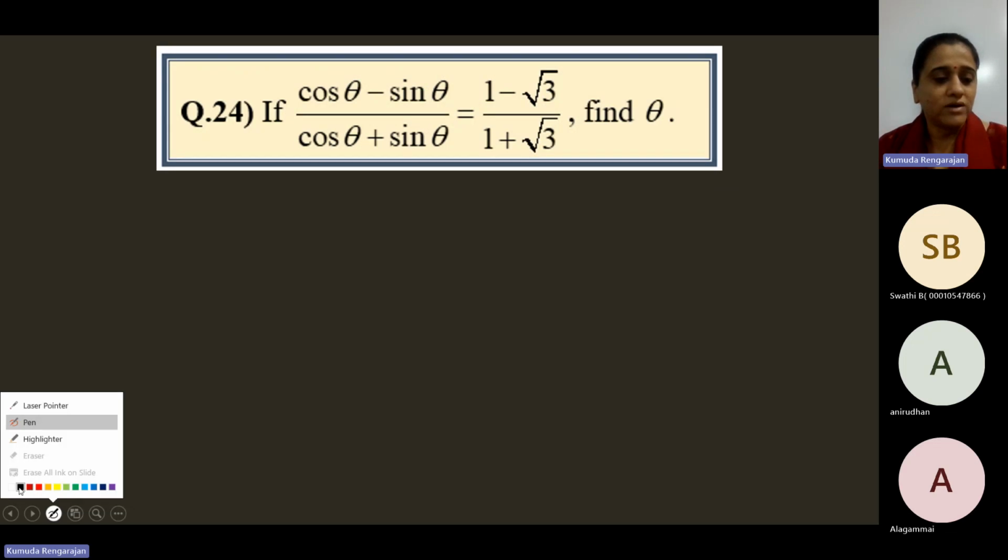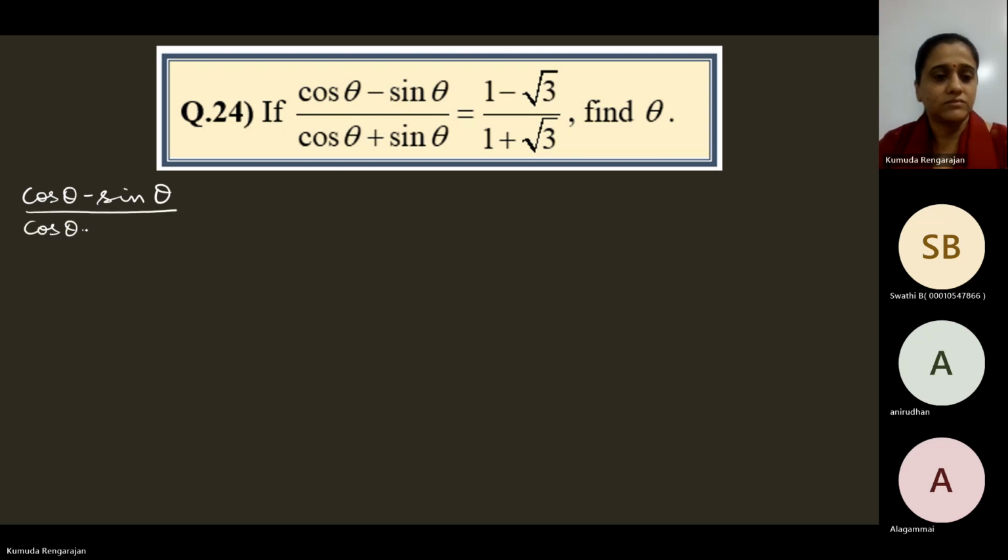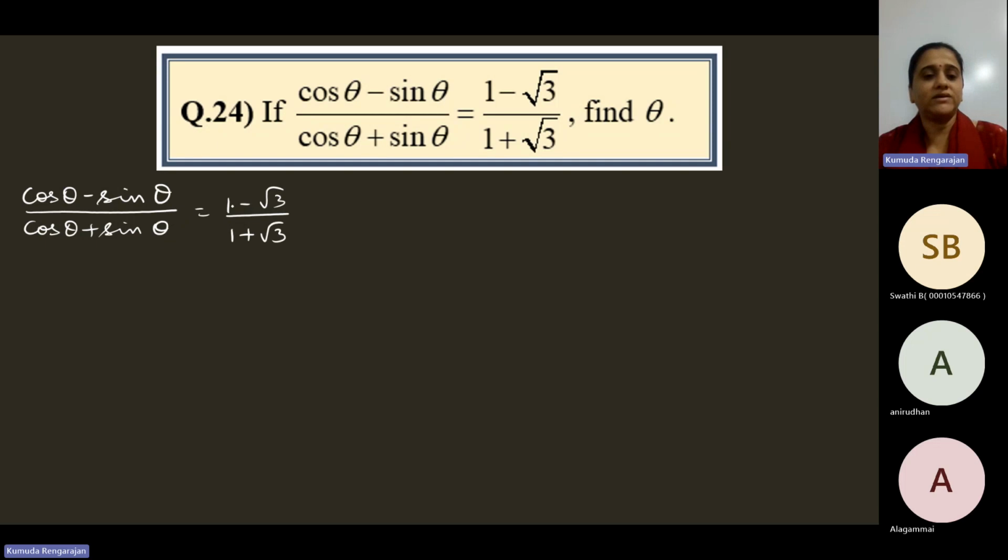how do you get 1 here? Now we have cos theta minus sin theta by, now we have 1 here, right? How will this cos theta become 1? How will you make cos theta 1? Now we have cos theta here, right?